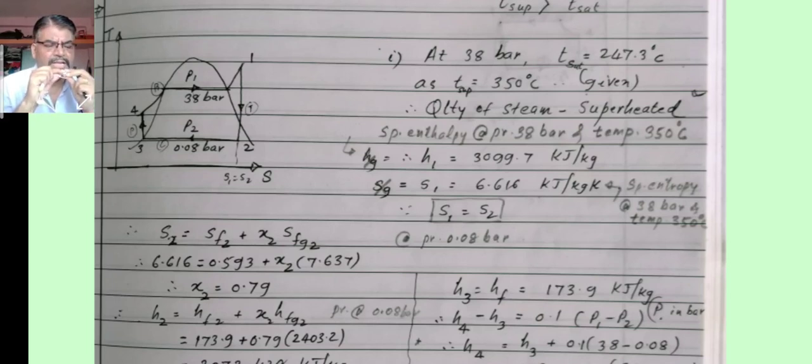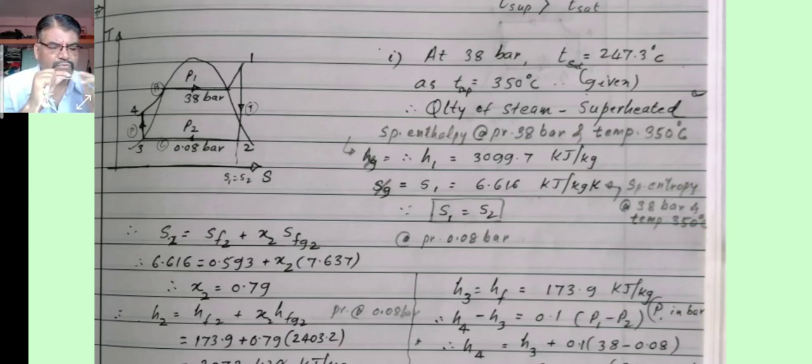At the given pressure of 38 bar, the value of T sat, the saturated temperature, is 247.3, and the superheated temperature is 350 degrees Celsius. Comparing them, T sup is greater than T sat, so the steam is superheated. Therefore the answer is: the quality of steam is superheated.